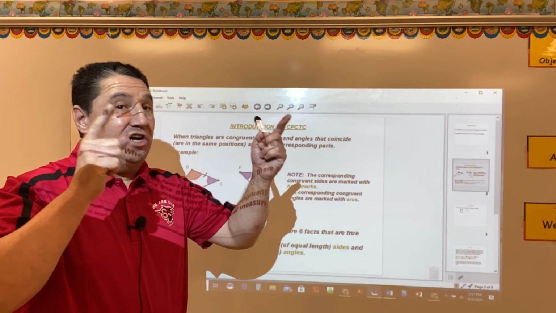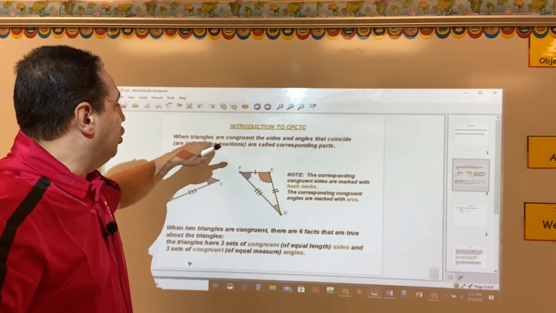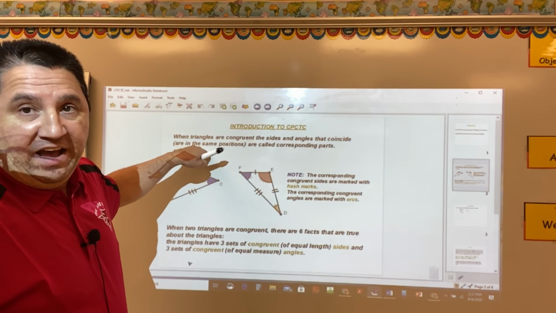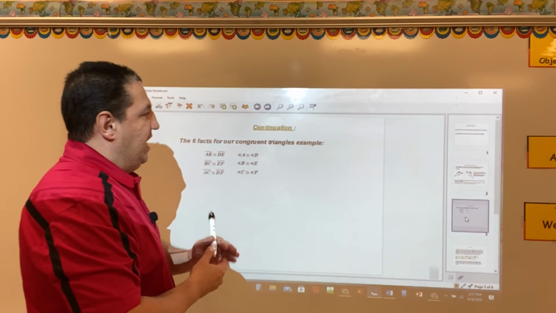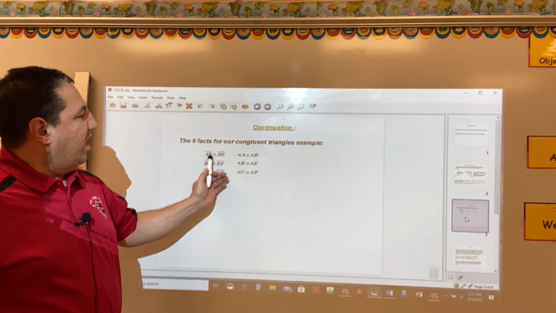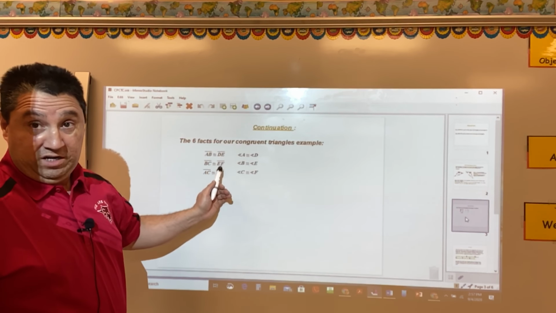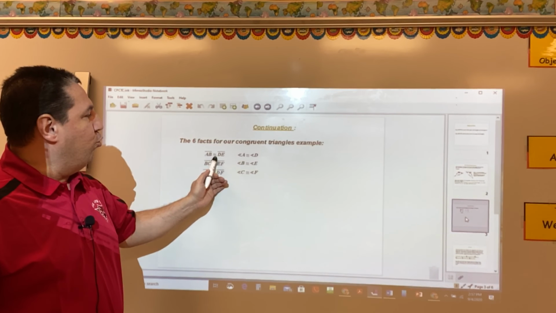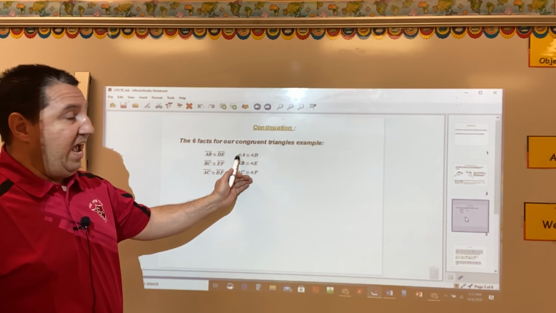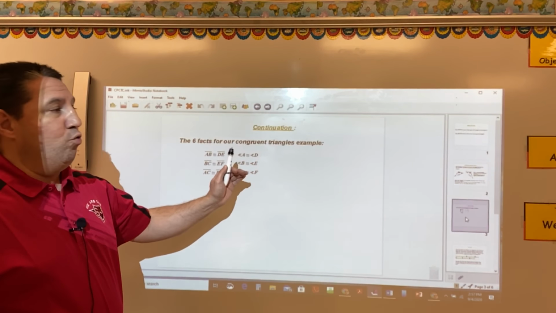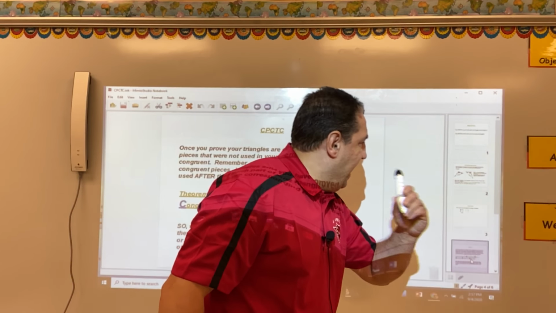Each of these corresponding parts must be congruent in order for the triangles to be congruent. So, in the previous case, these are the 6 facts: AB congruent DE, BC congruent EF, AC congruent DF, and angles A and D congruent, B and E, C and F. Good. Next.